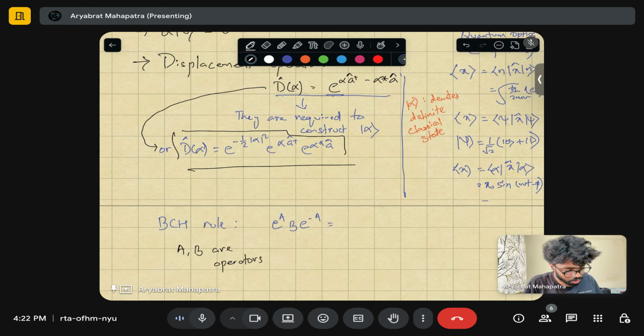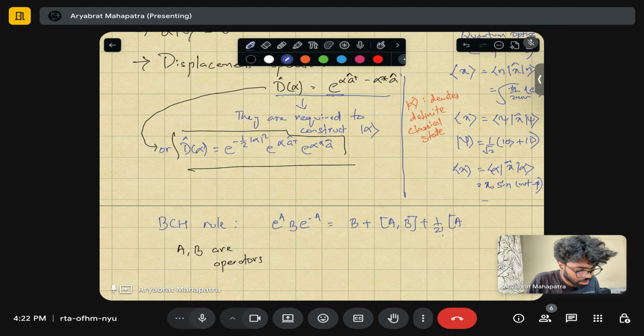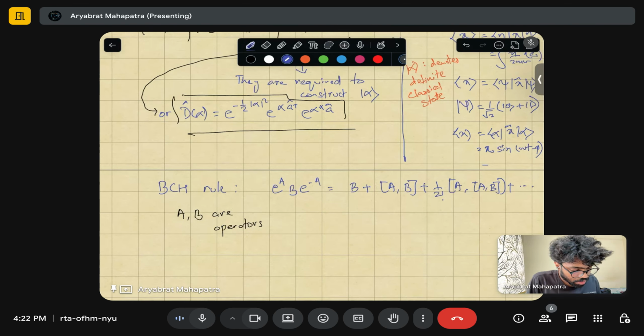This is important because this property says that you can write this as B plus the commutator of A, B, plus 1 by 2 factorial commutator of A with commutator of A, B, and so on, it will go on.